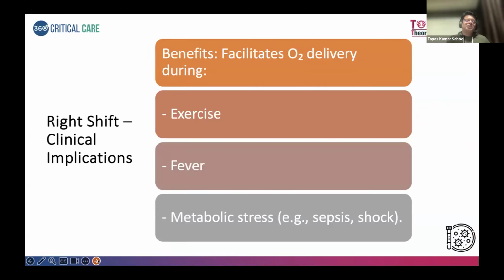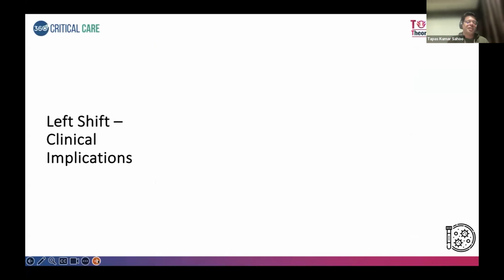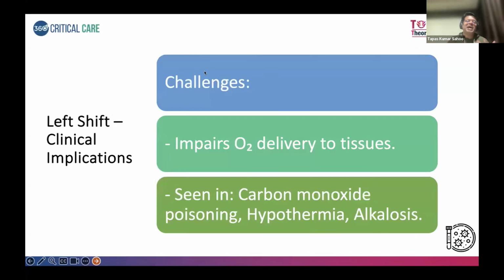Now, what is the significance of the right shift? I have already explained. That would be facilitating oxygen delivery during physiological implications like exercise, in your gym, fever, metabolic stress like sepsis, shock. Now, left shift, the challenge would be there will not be oxygen delivery as easy like before.